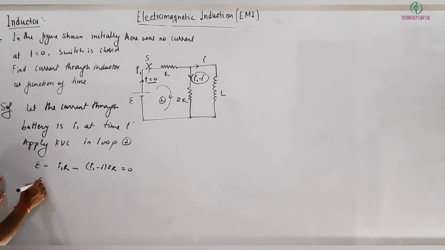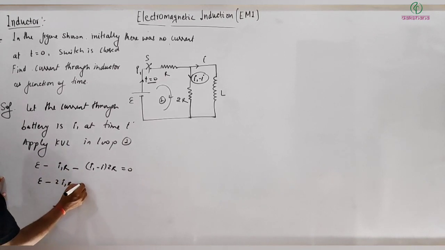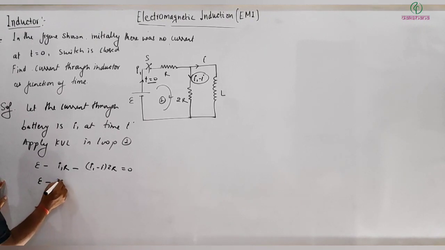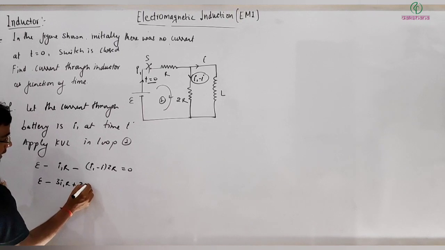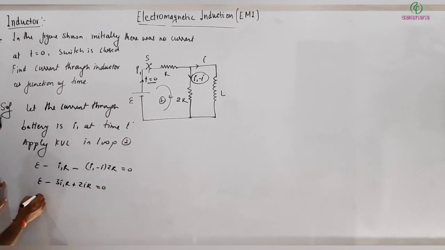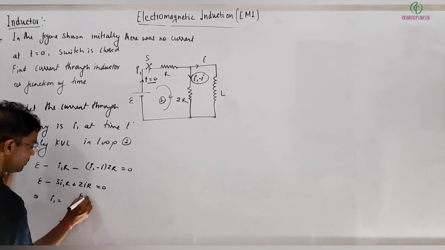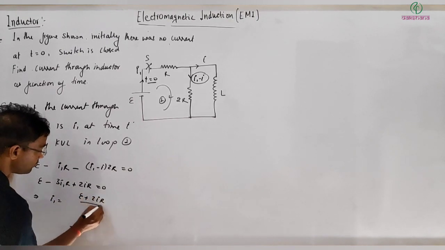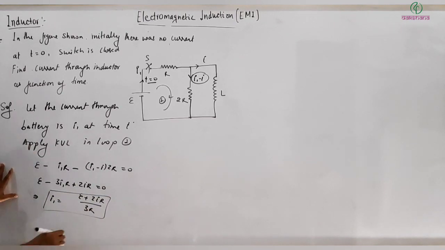Simplifying it, E minus 2I1R plus 2, it will be 3I1R plus 2IR equal to 0. This implies I1 is equal to (E plus 2IR) divided by 3R. Okay, this relation, let me write it as equation 1.